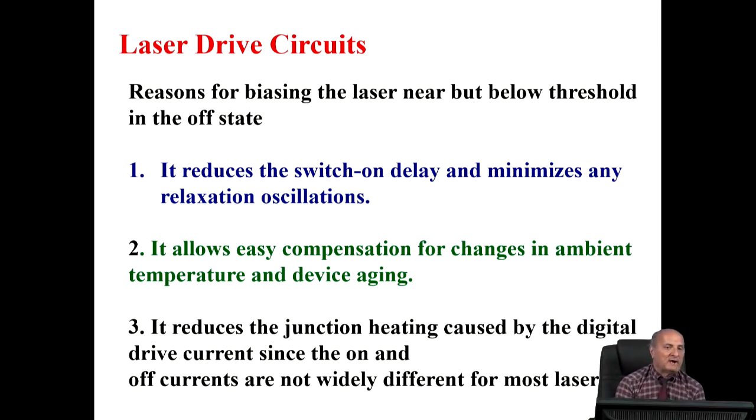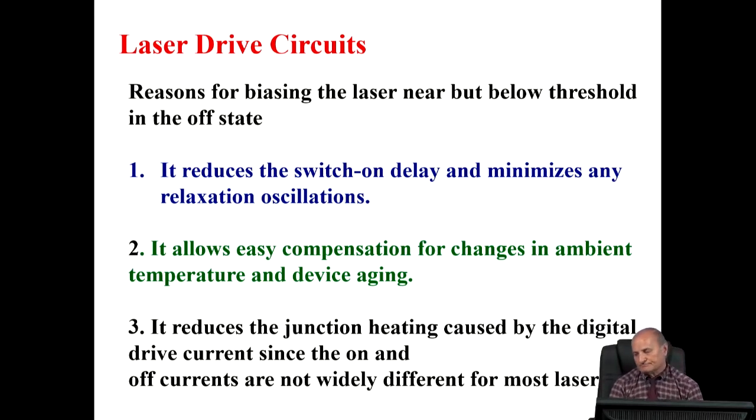If we bias the laser below the threshold, when logic 1 comes, the laser must take time to build the inverse population and then emit the required power.